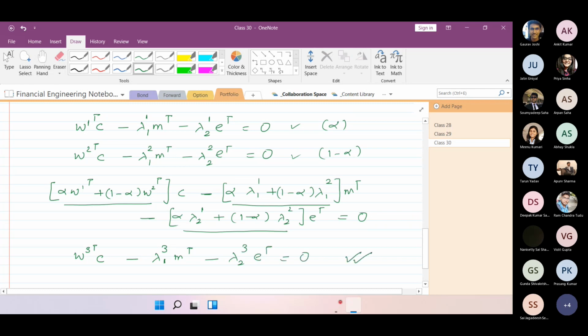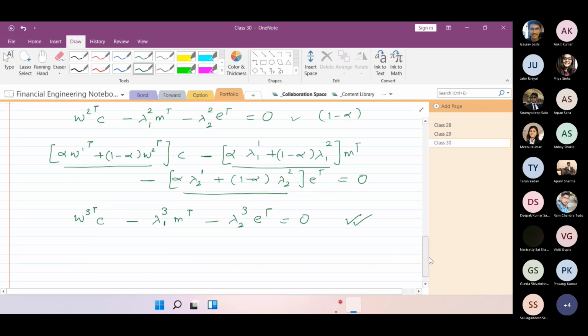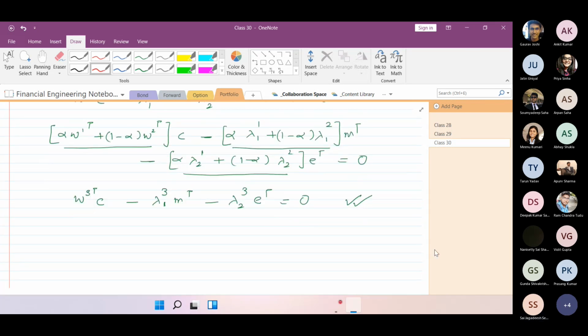So my first equation, using an affine combination with alpha and 1 minus alpha, is satisfied for the optimization. Yes or no? Yes, sir. So now let's move back to the second solution.